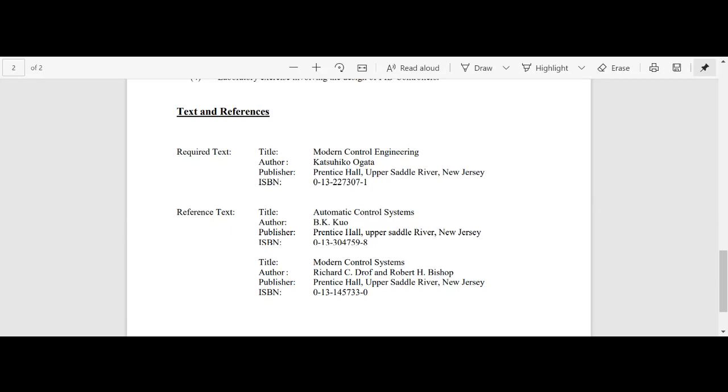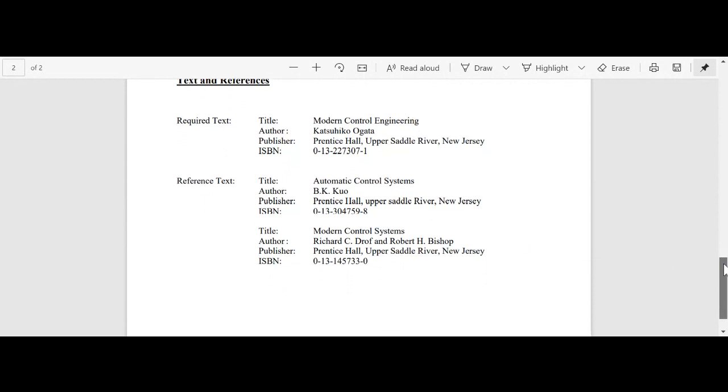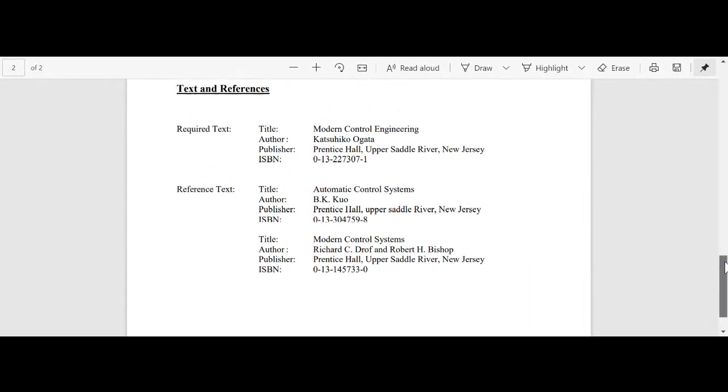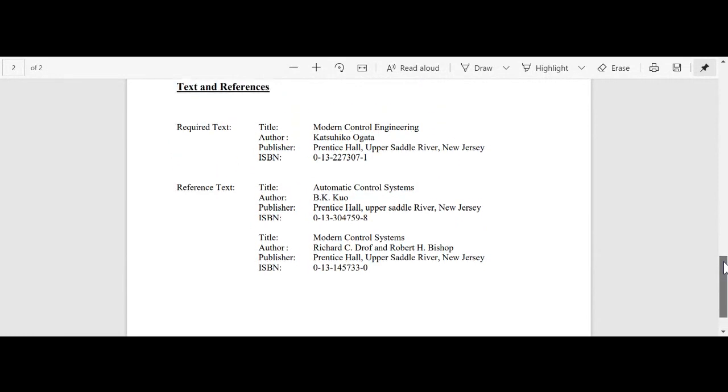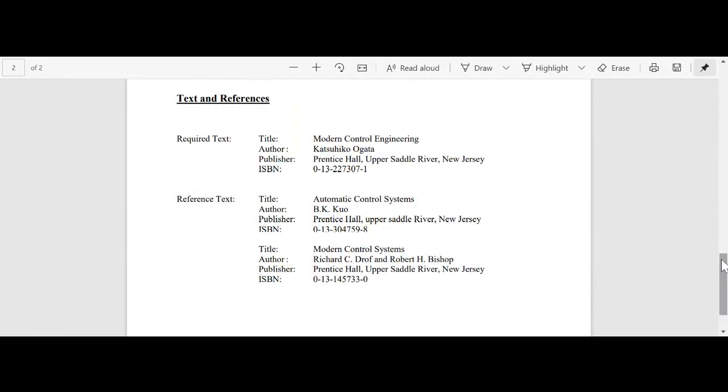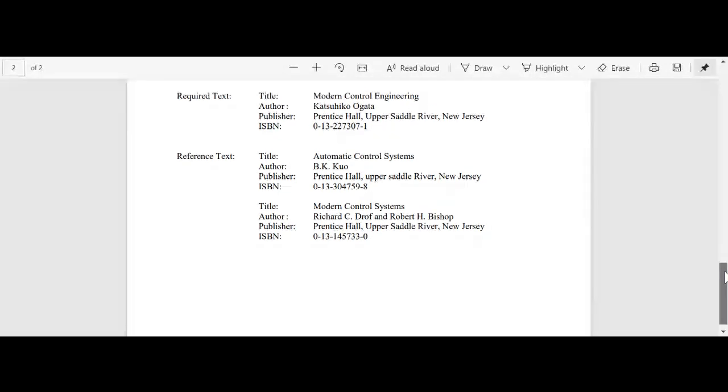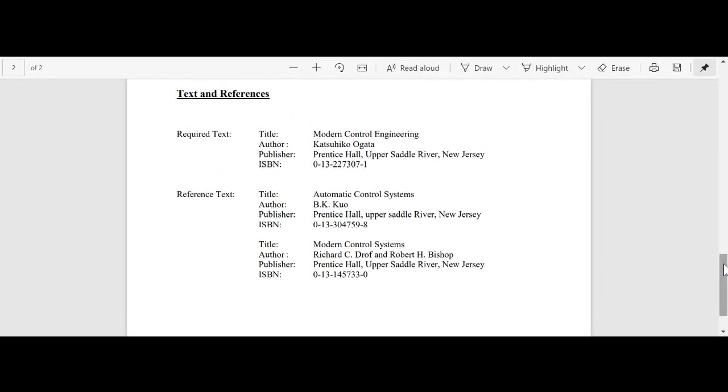The frank truth is, persons never normally go to the library that much to access these books. But just letting you know, these are the books available, and if you happen to be on campus, you can always go into the library and source them. Otherwise, you can borrow them, or you can find a soft copy.